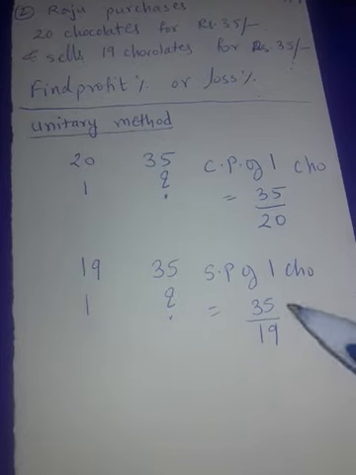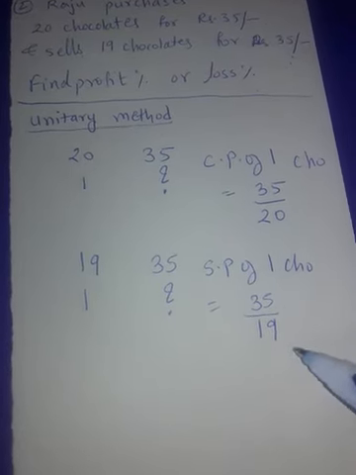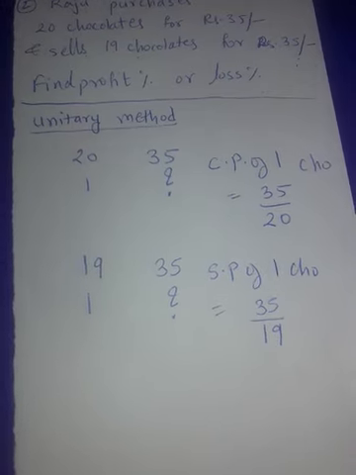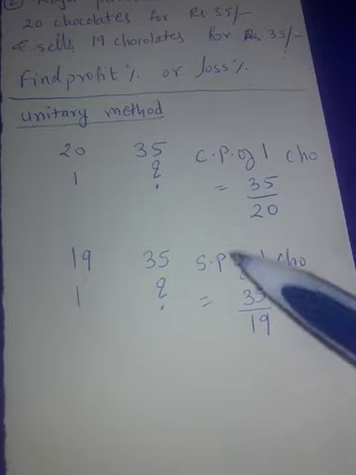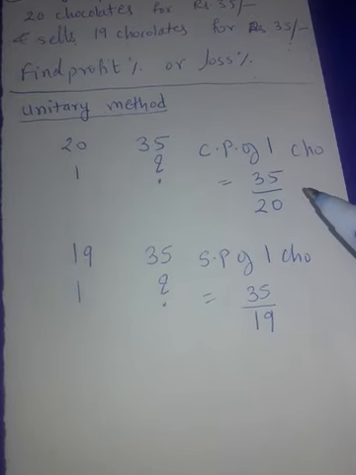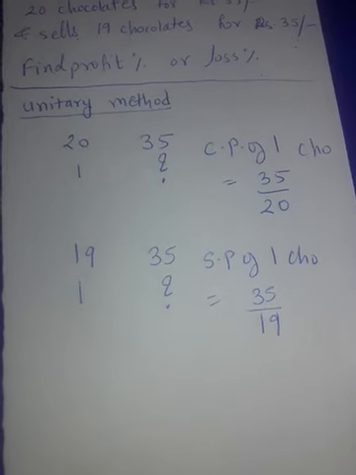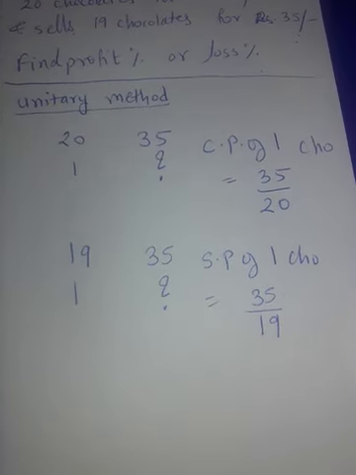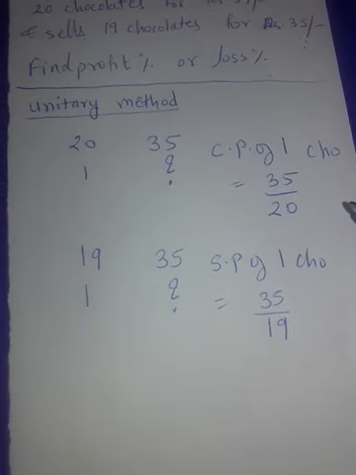What is more here? Is the cost price more or the selling price more? 35 upon 20, 35 upon 19. Which number is more? We have covered this type of example when we learned ascending and descending order of fractions. If you remember how to find which fraction is greater and which is lower, please watch that clip, comparison of fractions.